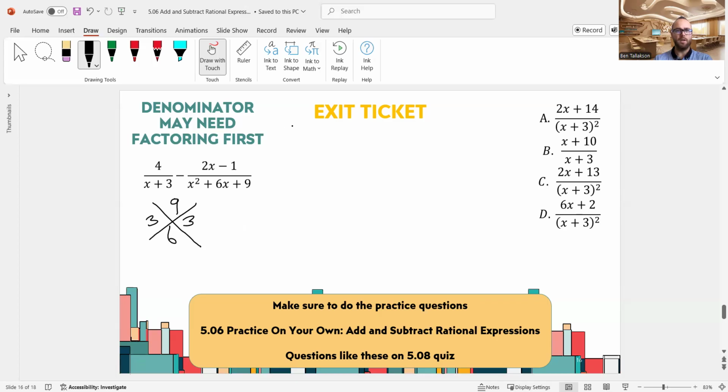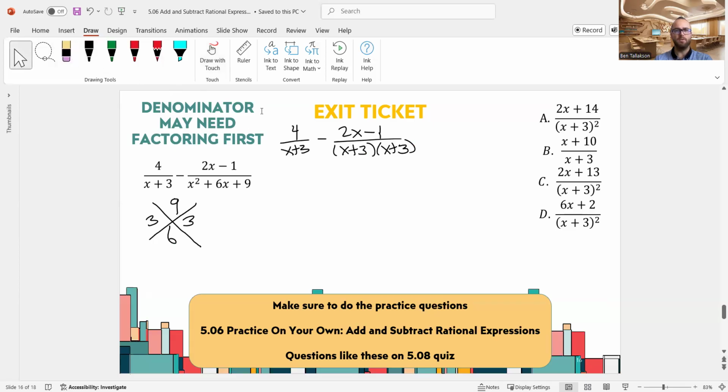So let's write out what we have. 4 over x plus 3. And this all stays the same. We only had one polynomial that actually had to be factored. And this is quite nice. We can just see that there is an x plus 3 needed on the left.